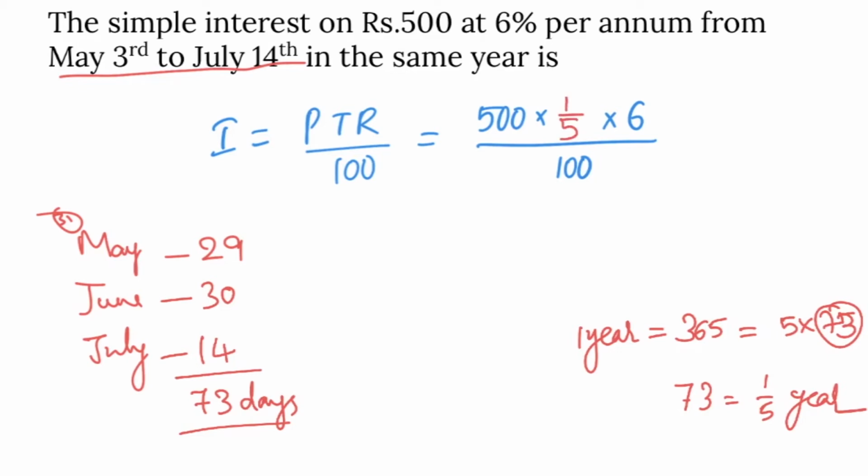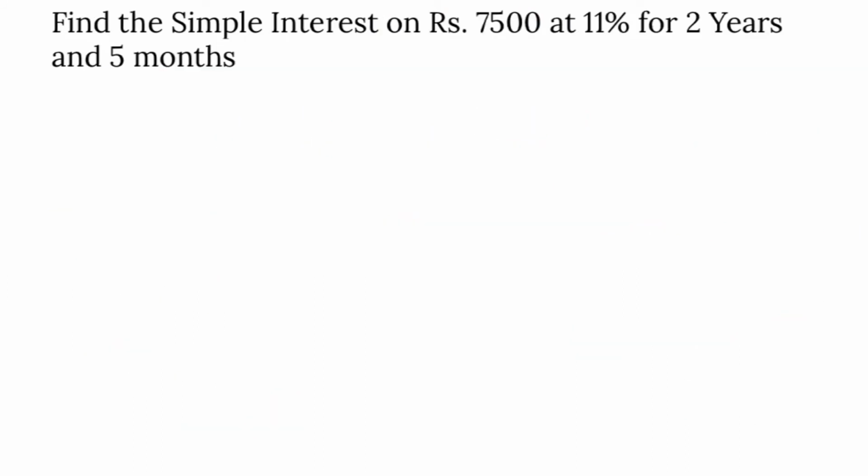So this is what interest is. I is equal to PTR by 100, where P is 500 rupees, time period 1/5 of a year, rate of interest 6%. 2 zeros cancel, 5 cancel, interest is 6 rupees. Find the simple interest on 7,500 rupees at 11% for 2 years and 5 months.